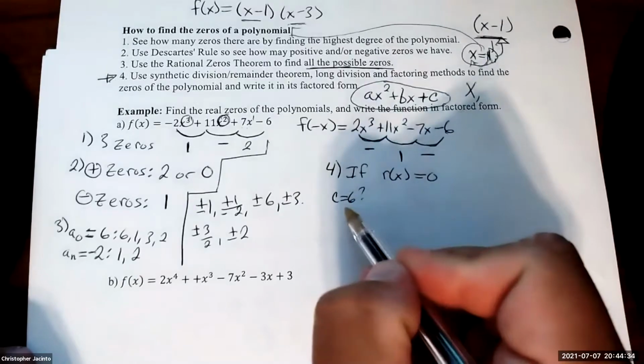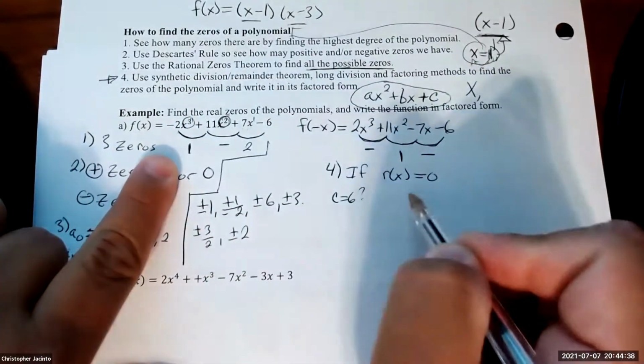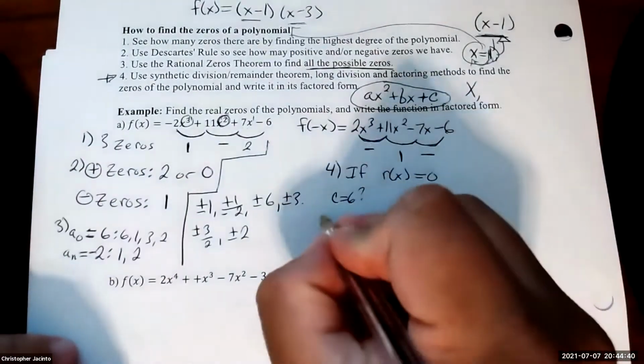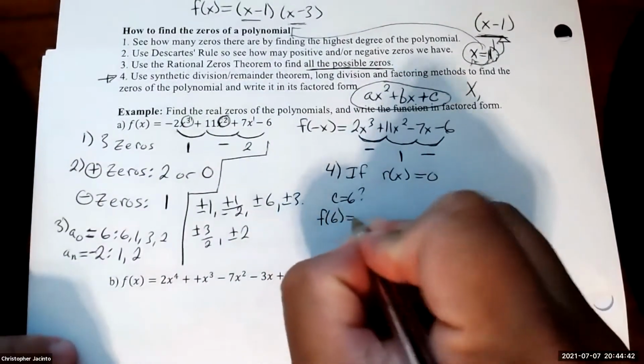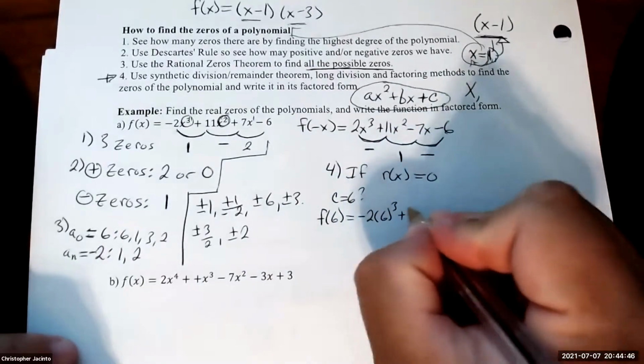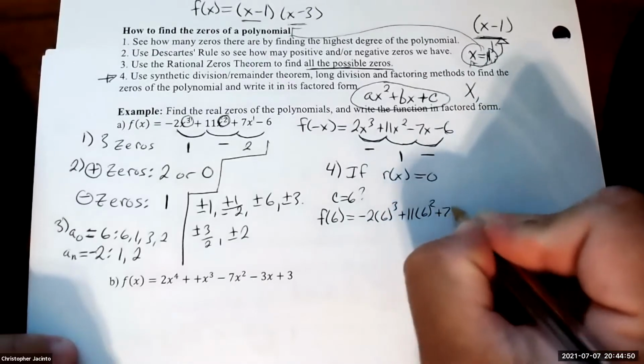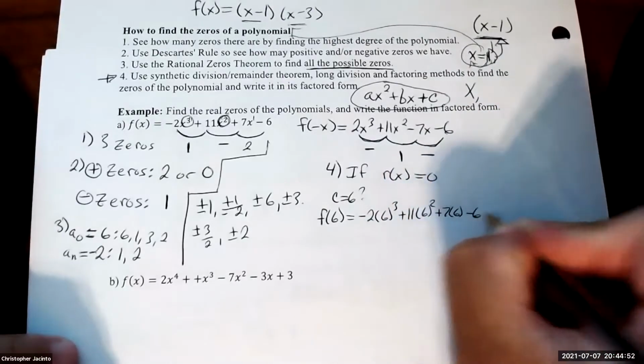Using the remainder theorem, we're going to plug 6 into here and see if we get 0 or not. That's all we're going to do. So just f of 6: -2 times 6 to the third plus 11 times 6 squared plus 7 times 6 minus 6.